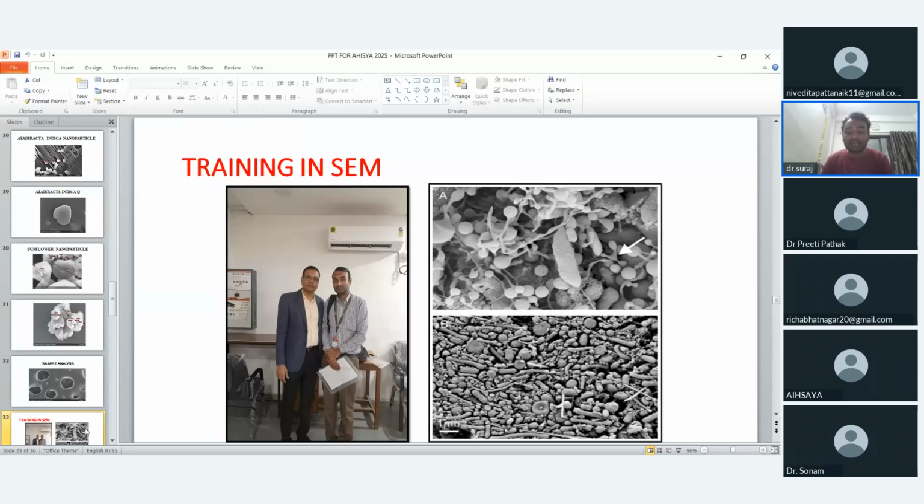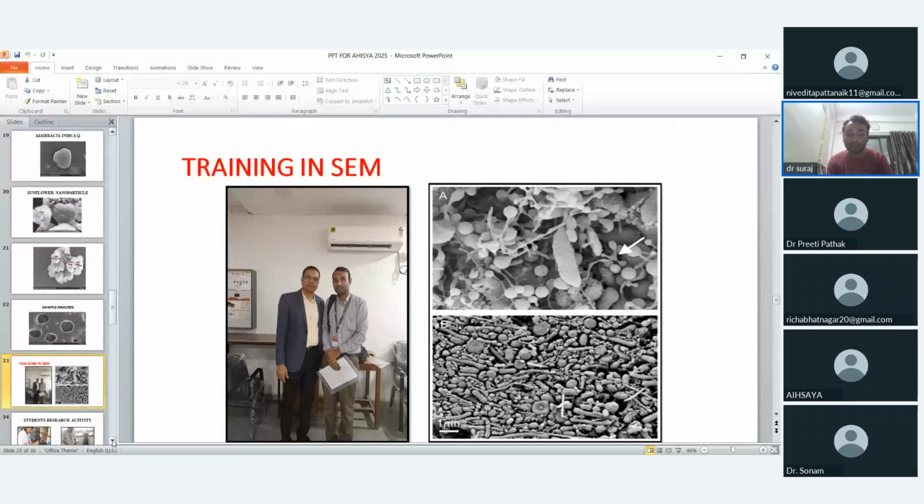So every time our college and our faculty organize a workshop or seminar and invite some specialized person to share their research, their work, and their knowledge for nourishing the other faculties. So this is our research training specific on SEM, scanning electron microscope, in the Parul University.